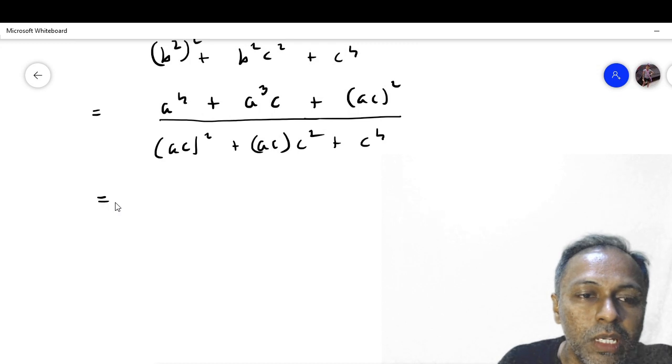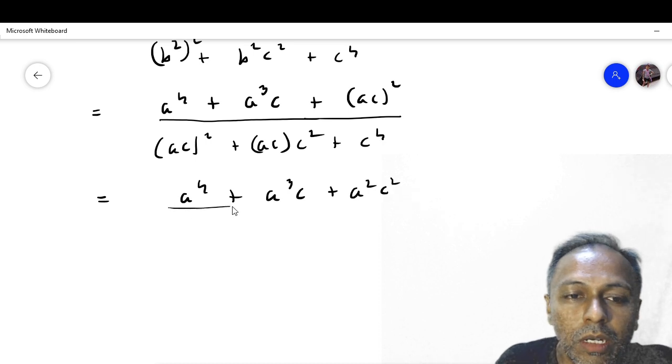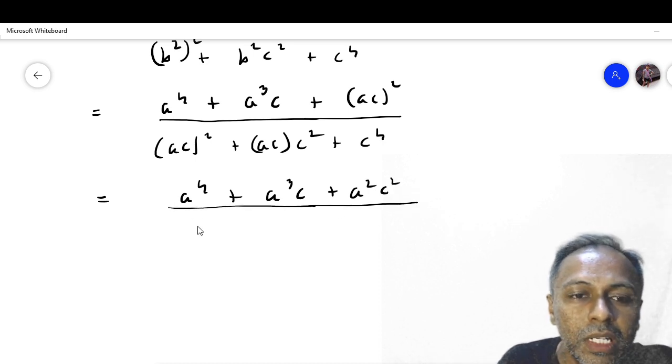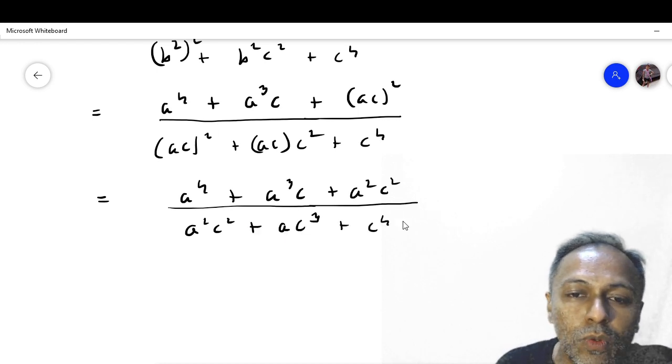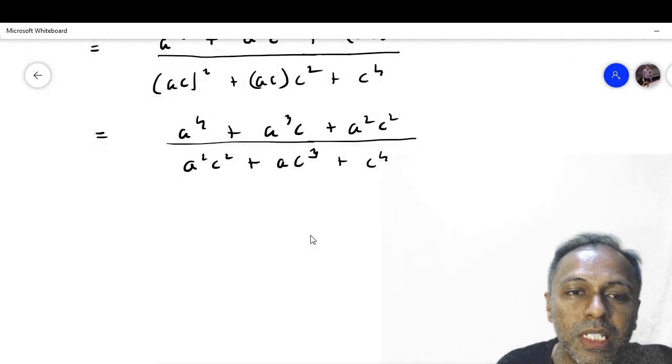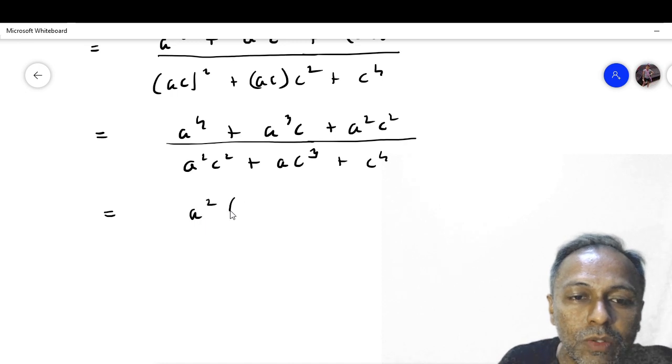This is equal to A raised to 4 plus A cube C plus A square C square, upon A square C square plus A C cube plus C raised to 4. Let's take common. In the numerator, we have A square common.